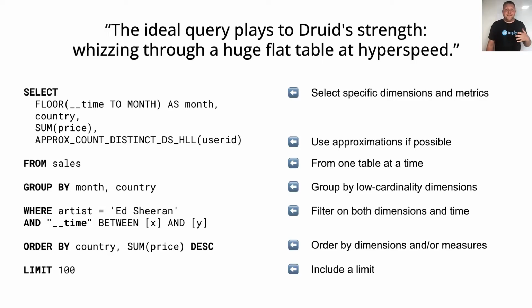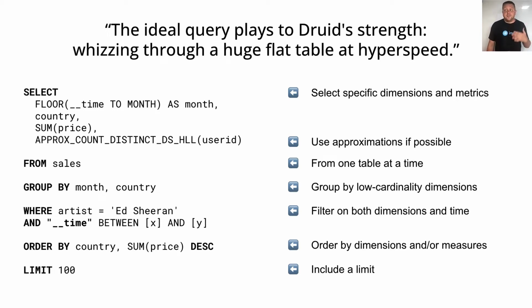What is the ideal query shape for this scatter-gather mode in Druid? Well, the ideal query plays to Druid's strengths, whizzing through a huge flat table at hyper speed. When you're writing your query, you need to think hard about how to get queries into this form.